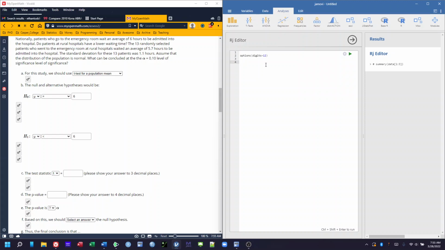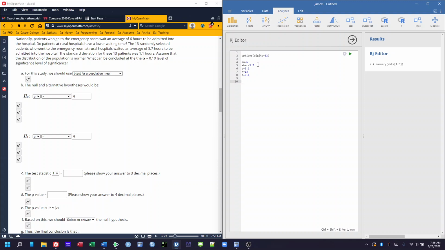The first thing I'm going to do is say mu, which is my null hypothesis, my hypothesized mean, is 6. I'm going to put in x bar for my sample mean, and my sample mean was 5.7. My standard deviation s was equal to 1.1. And I have a sample size n equal to 13, and we'll set an alpha level equal to 0.1.